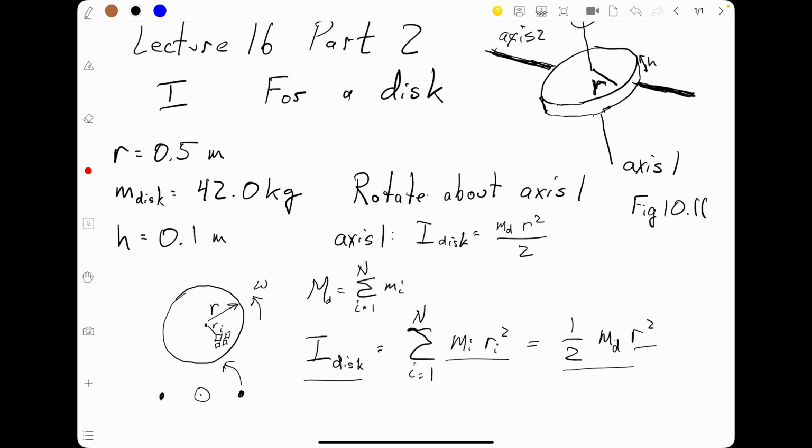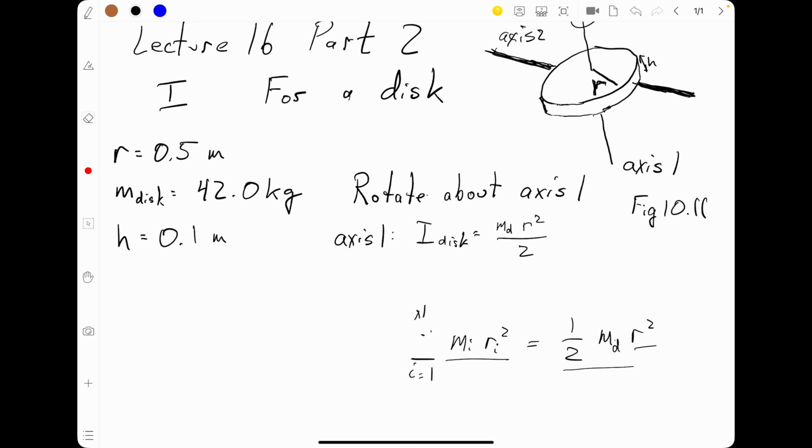And the L was the same for both, so it made everything easy. But that's not how the real world is, right? The real world has extended bodies. So extended bodies require a little bit more work to figure those things out.